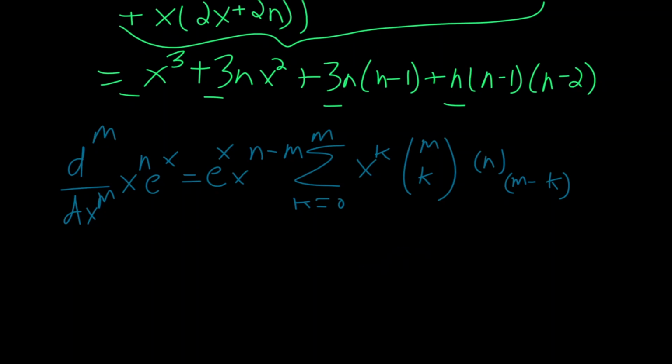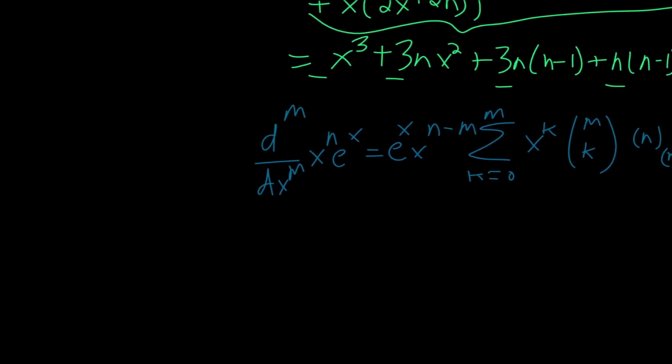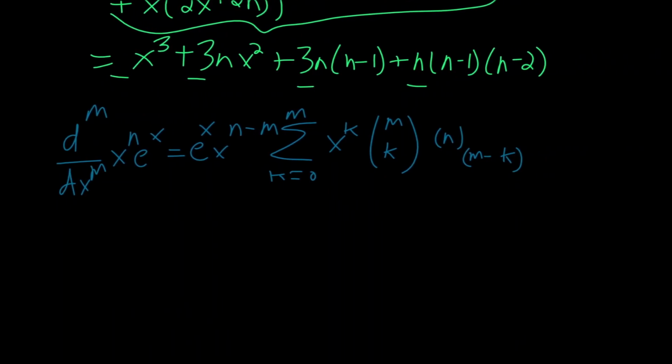And the way we're going to prove this is actually by induction. So for the base case, if you plug in m equals 0 right here, we're summing from k equals 0 to 0, so we just plug in 0 here. We end up with 1, because x to the 0 is just 1.